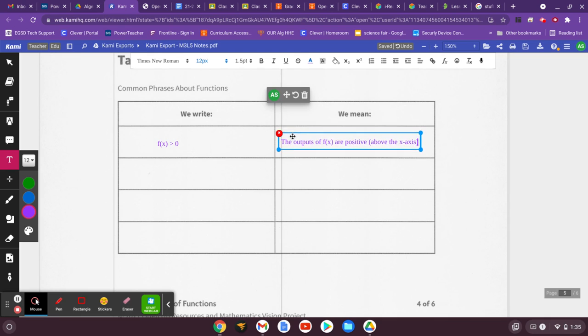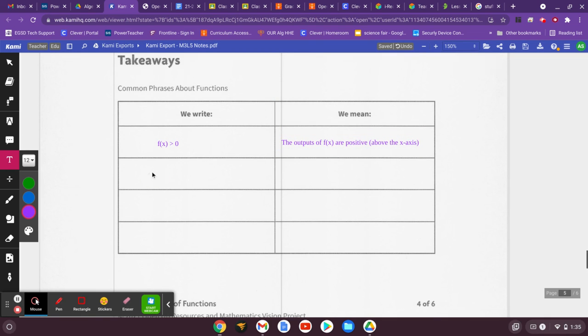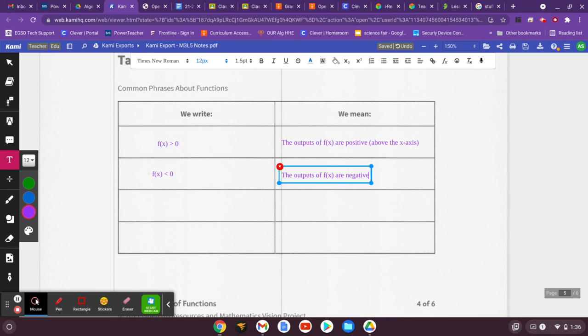Okay, next one is if f of x is less than 0. What does that mean? That means the outputs of f of x are negative or below the x-axis.